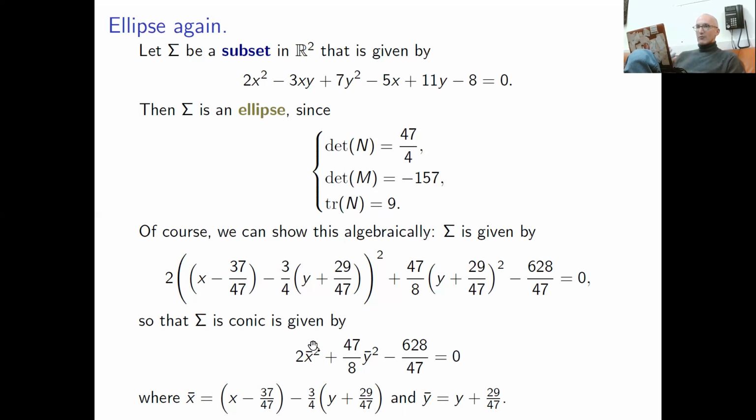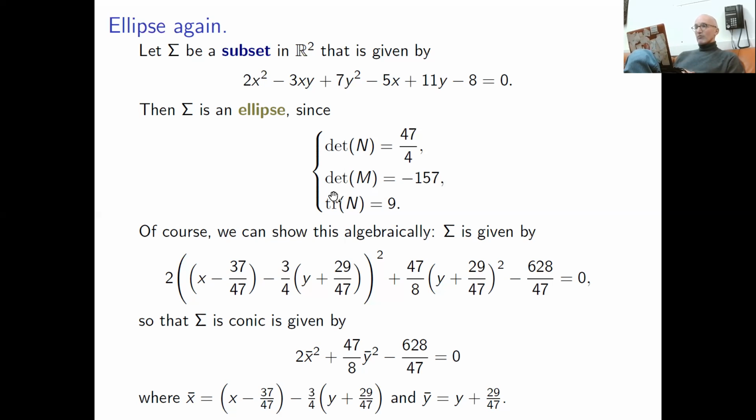Okay, good. Absolutely the same way you can deal with a parabola example or a hyperbola example. They are easier to determine, if the given subset given by a quadratic equation in the plane is a hyperbola or a parabola.